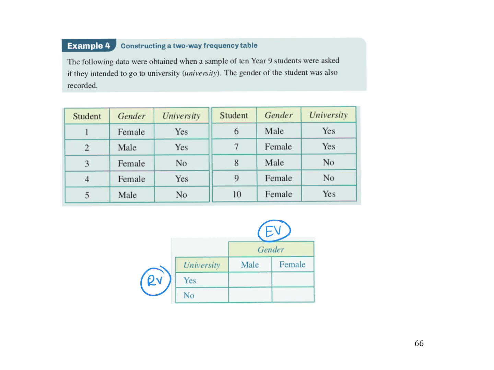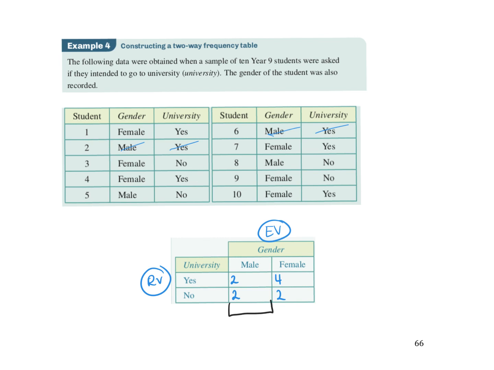Then you would just count through. I just went through and crossed them off. So say male, yes to university, we had, I think we only had 2, okay? So I ended up with 2, then 4 female, and 2 like that. So we should total these up.